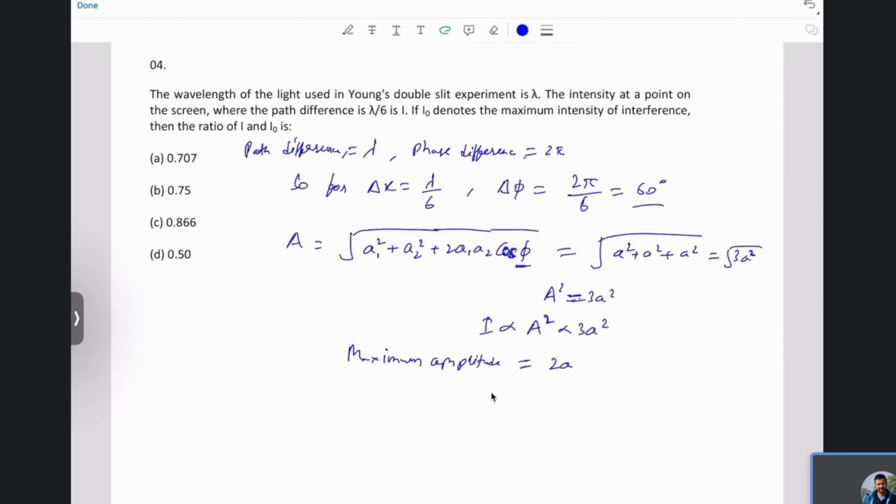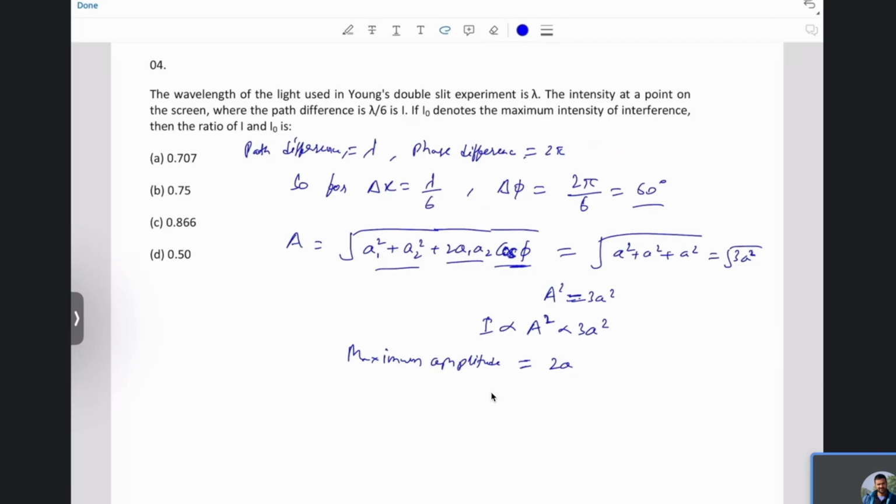Or you can see from this formula, when cos phi is 1, that is phi is 0 degrees, then you will have a square, 2a square and 2a square from here, 4a square.